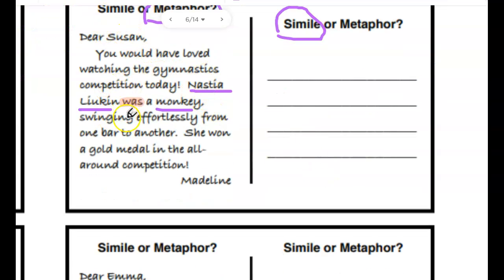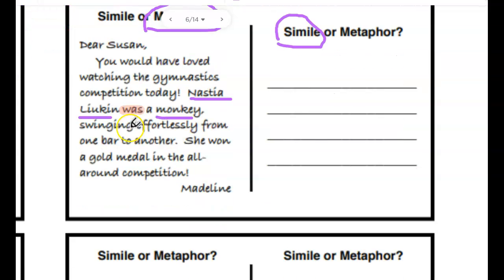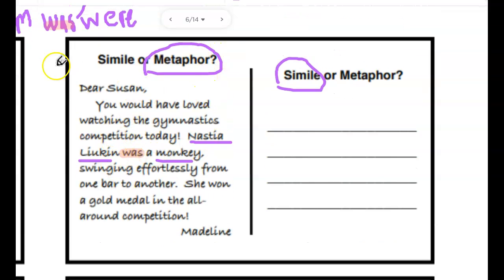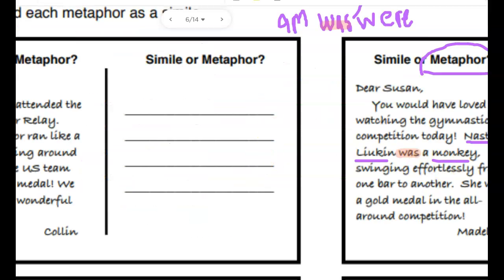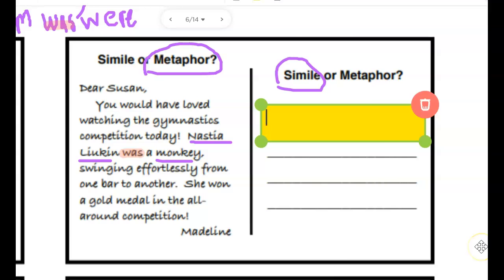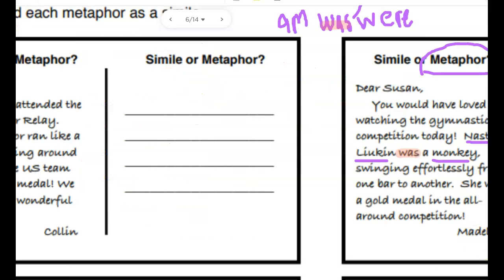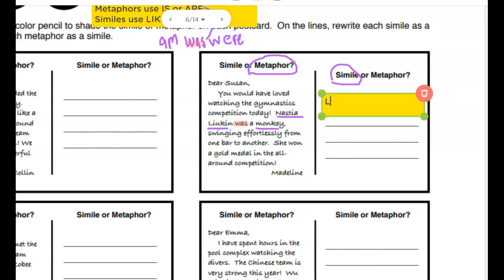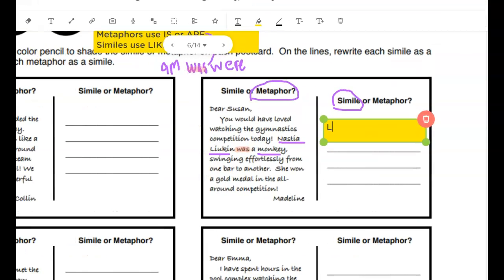So Nastya Luikin is like a monkey. Oh, sorry, my computer's being funky. There we go.